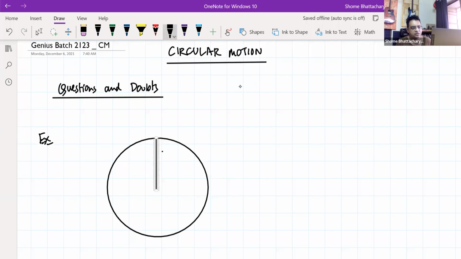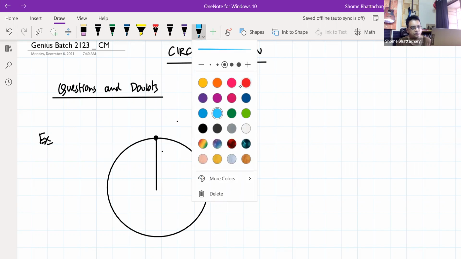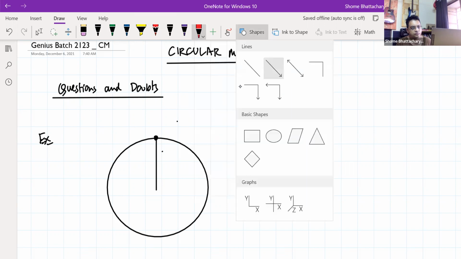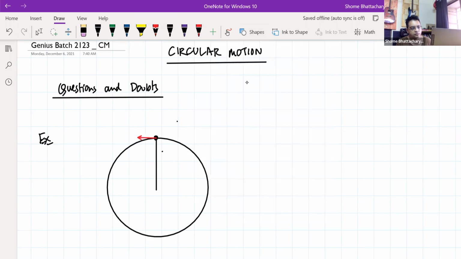This time what is happening is that when the particle is at the highest point, let's say it has a velocity v1, and the tension in the string is T1.